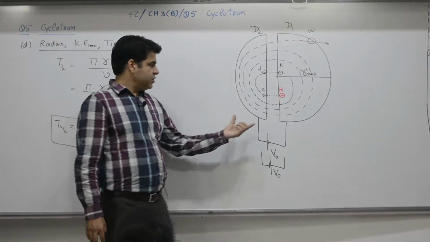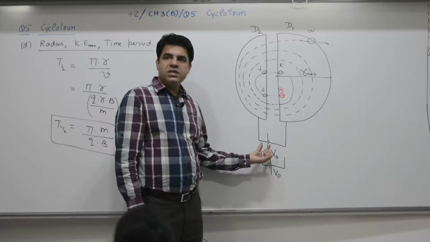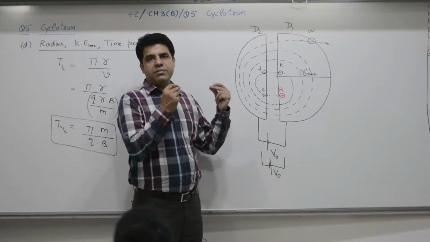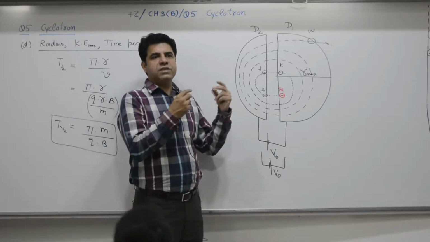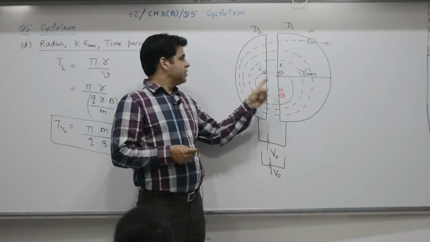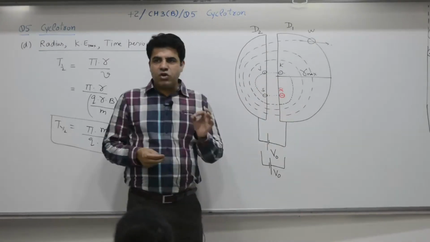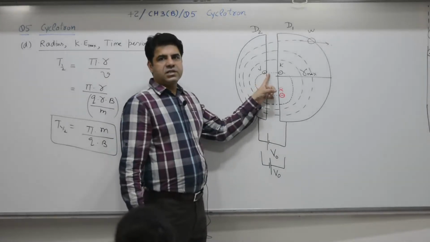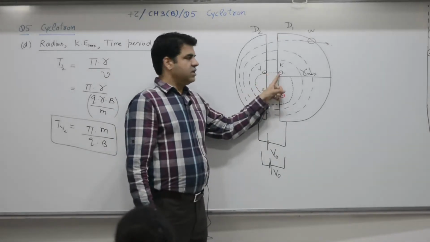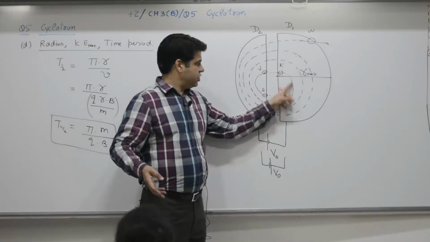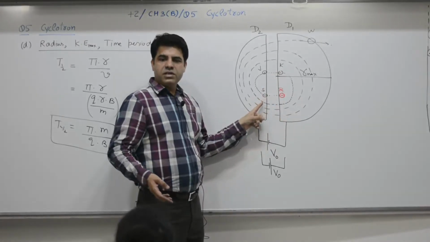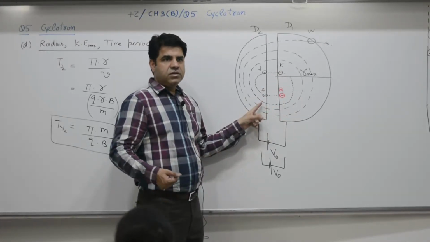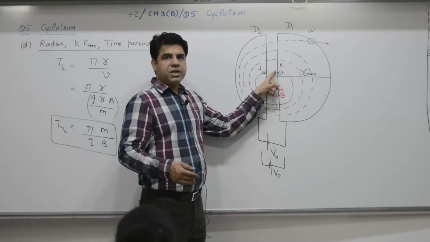That is why you apply an alternating voltage, 1 microsecond positive, then negative, positive, negative, positive, negative, so that this charged particle is always in rhythm. Always after 1 microsecond it is here. Now it is positive, it gives a jerk. After 1 microsecond, another D becomes positive.